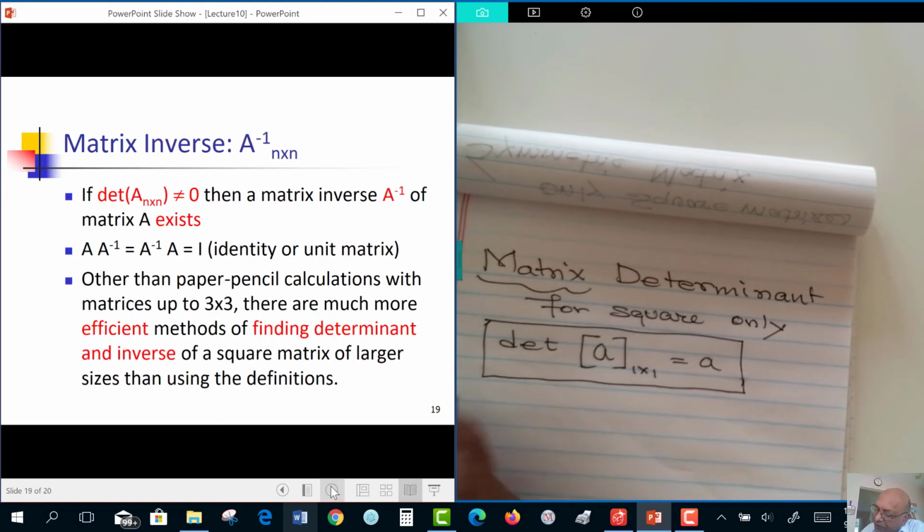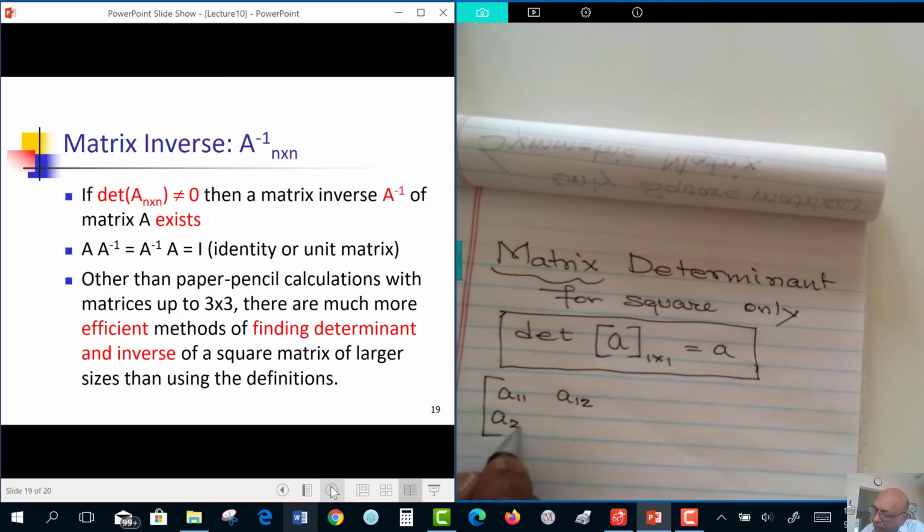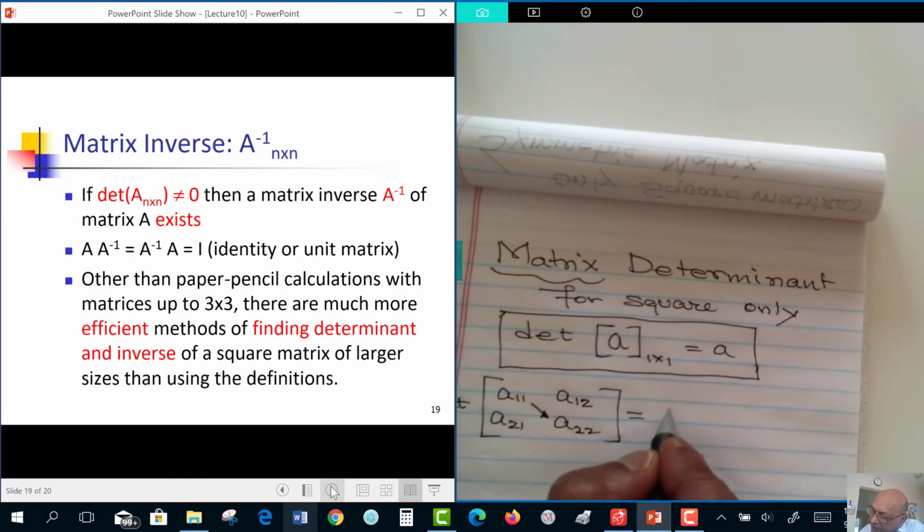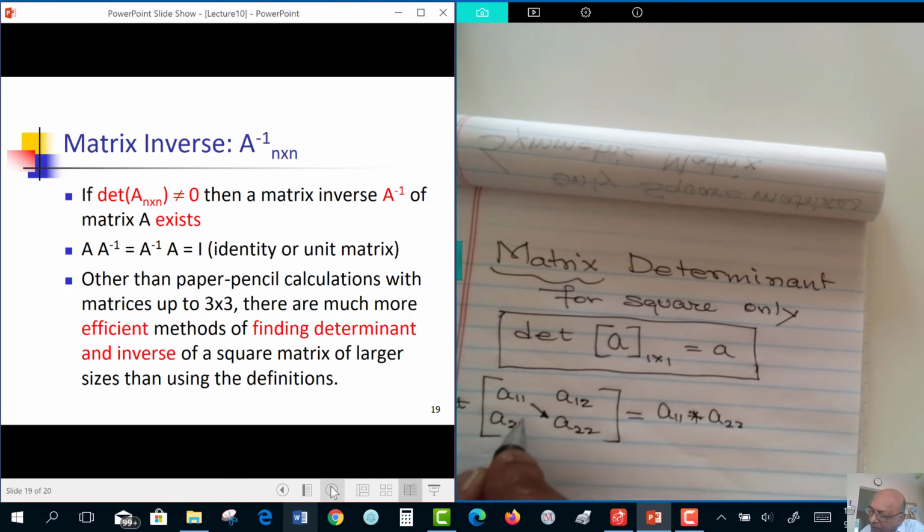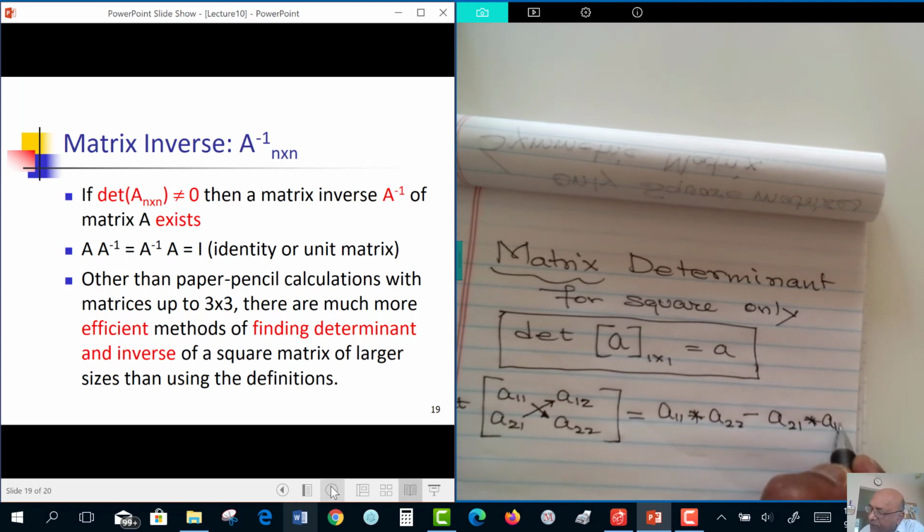So if we have a 2 by 2 matrix, we want to find its determinant. We multiply this times this, and we subtract this times this.